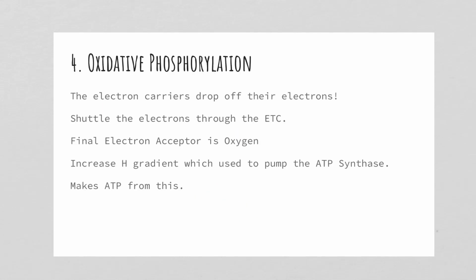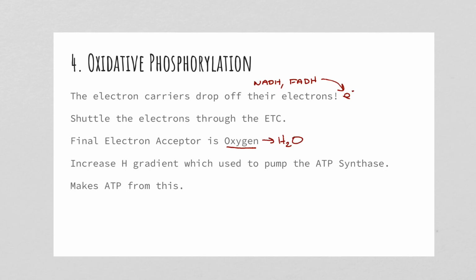The last part of cellular respiration is oxidative phosphorylation. This is where those electron carriers, your NADH and your FADH, are going to drop off those electrons. Those electrons go through the ETC, or the electron transport chain. Your final electron acceptor is oxygen, and that's going to help make H2O.